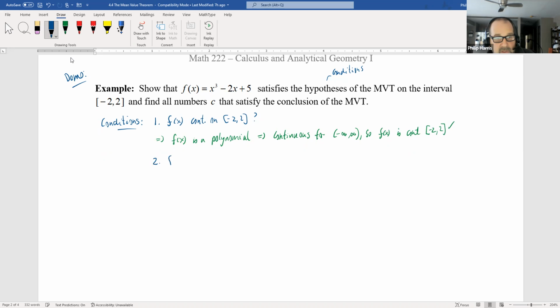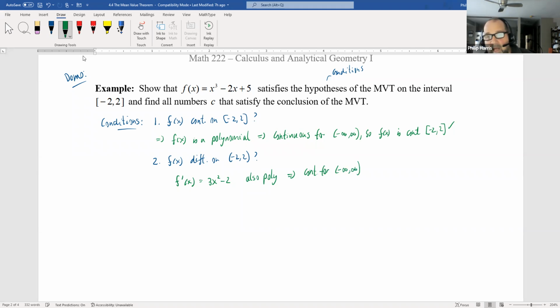Condition number 2, is f of x differentiable on the open interval from -2 to 2? So similarly here, well, I guess I should be looking at f prime. So f prime of x is going to be 3x squared minus 2. This is also, again, a polynomial, therefore continuous everywhere.